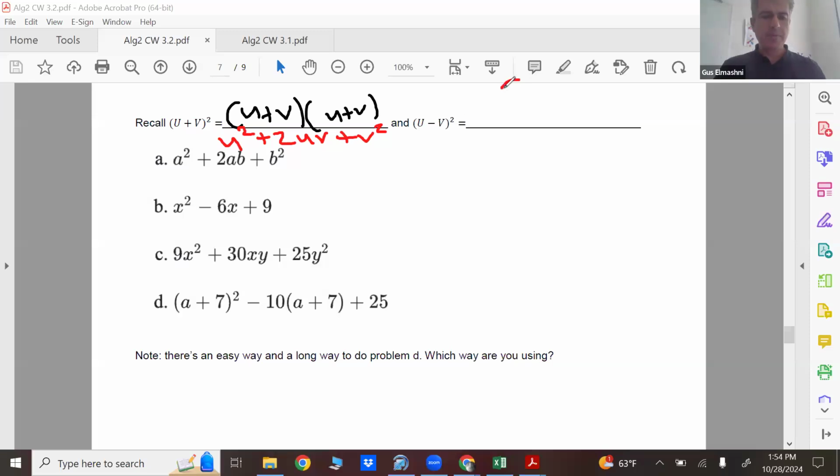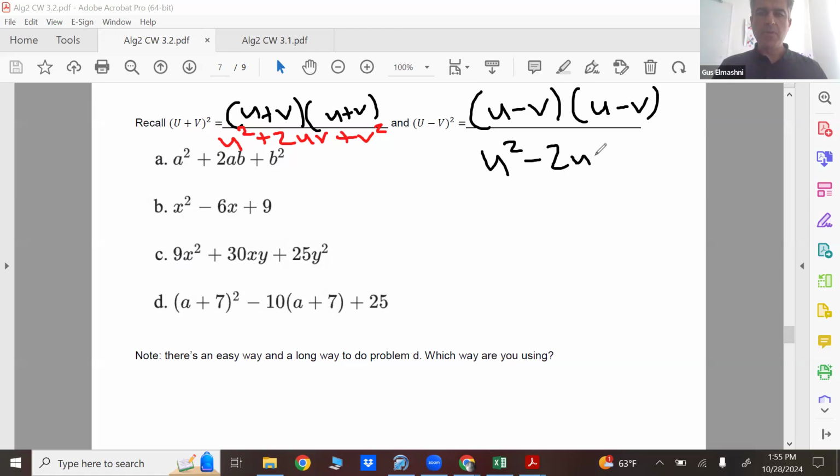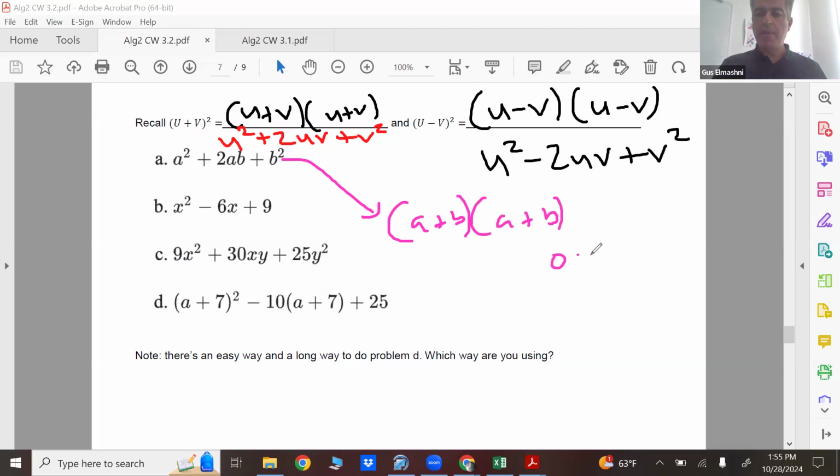Where here, u squared minus 2uv plus v squared. Okay. So this can be rewritten like this: a plus b times a plus b, or a plus b squared.